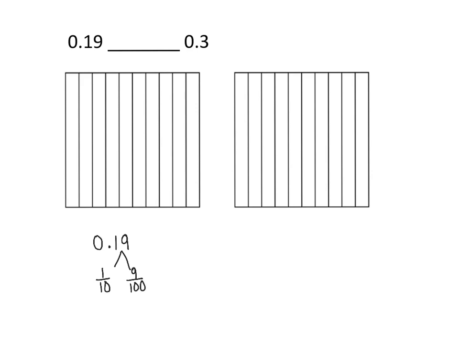So I'm going to color in 1/10 right here. But now we have 9 hundredths. So within each one of these boxes, we would cut this up into another tenths, because 10 times 10 is 100, and within each one of these boxes there's another tenths. So that would be hundredths.